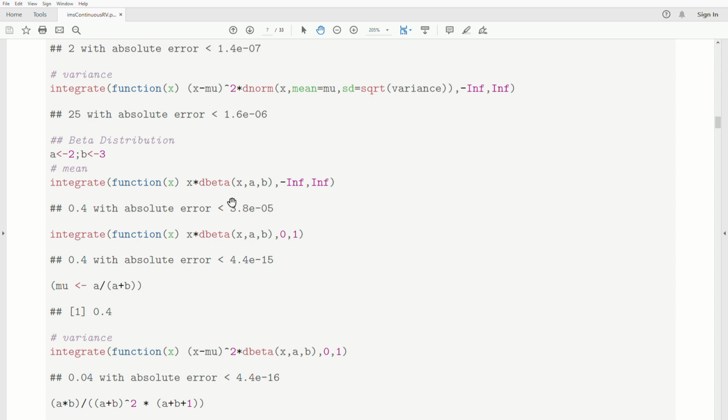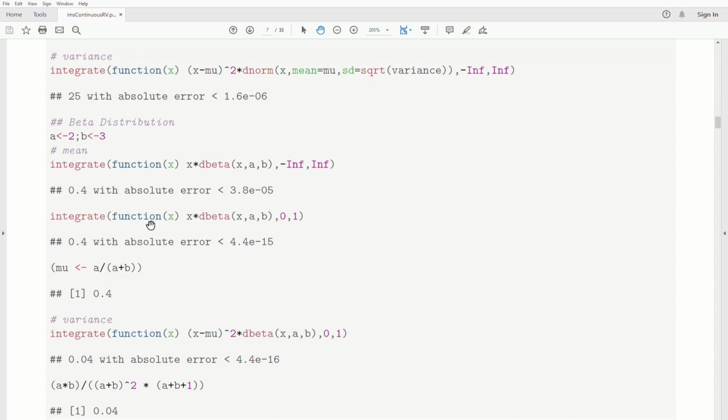But I wanted to also show you that even though the beta distribution is only defined from 0 to 1, you can still integrate it over all possible values, because when you're outside of 0, 1, the density is 0. Okay, so to illustrate that, let's integrate x times that beta density just over 0, 1, and we get 0.4 again.